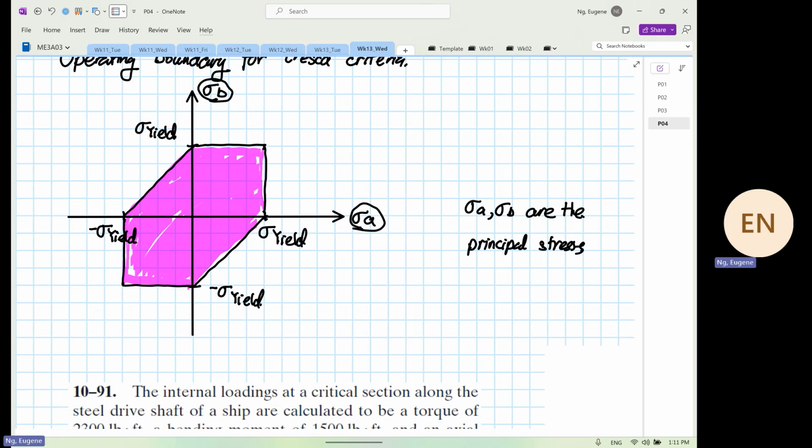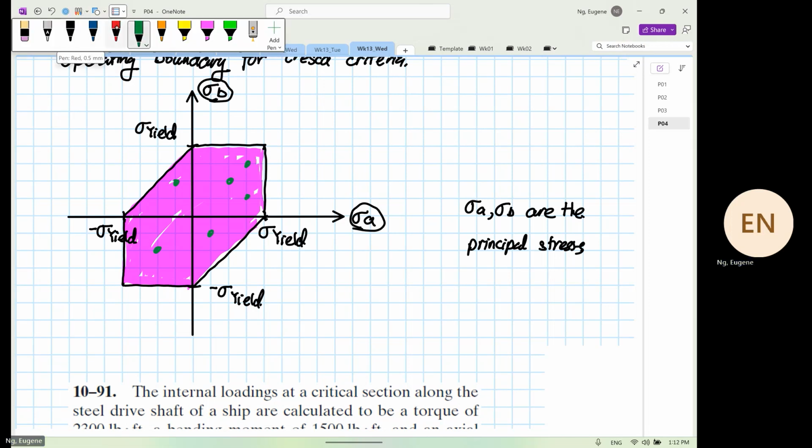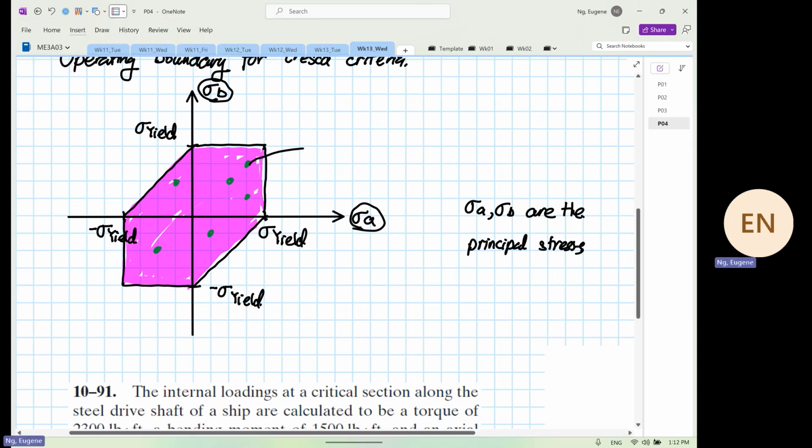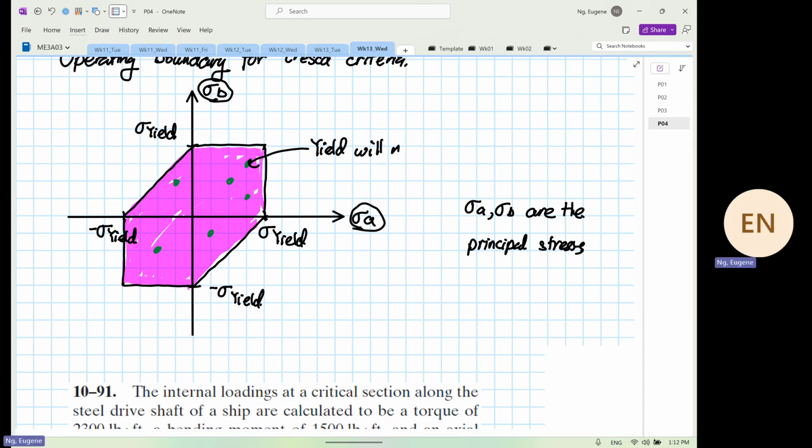Okay, so if your stress state, let's say now your stress A and stress B are here. You can see, right? I'm colorblind, I can't see, but anyway. If all your stress states are inside here, it shows that yielding will not occur.